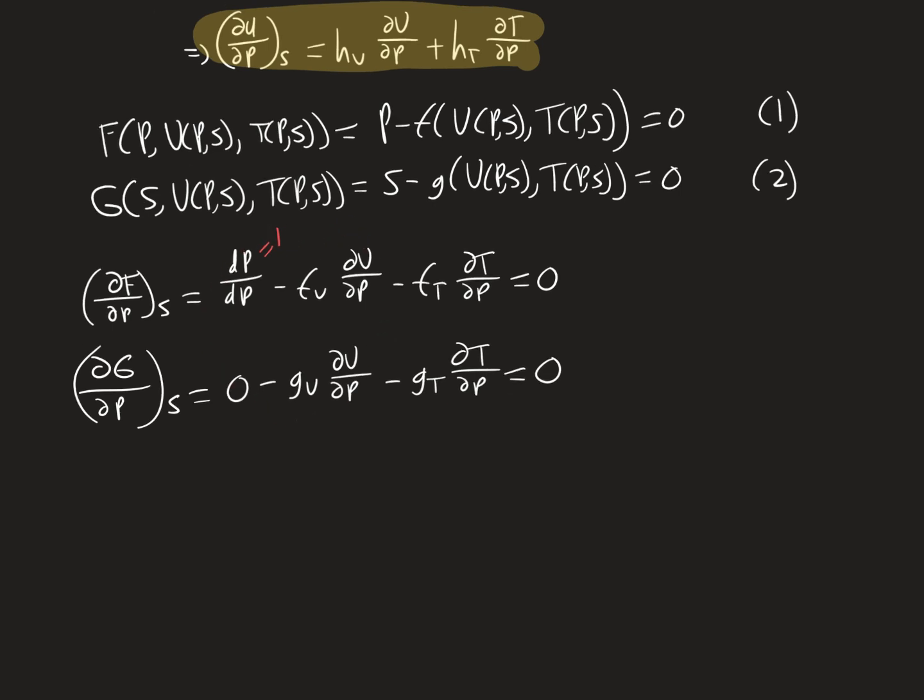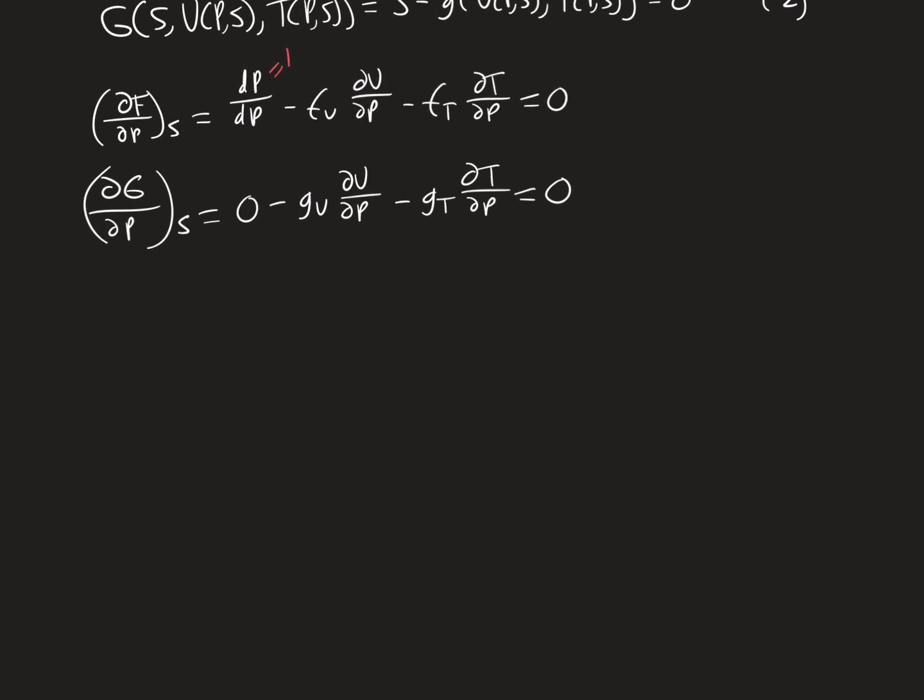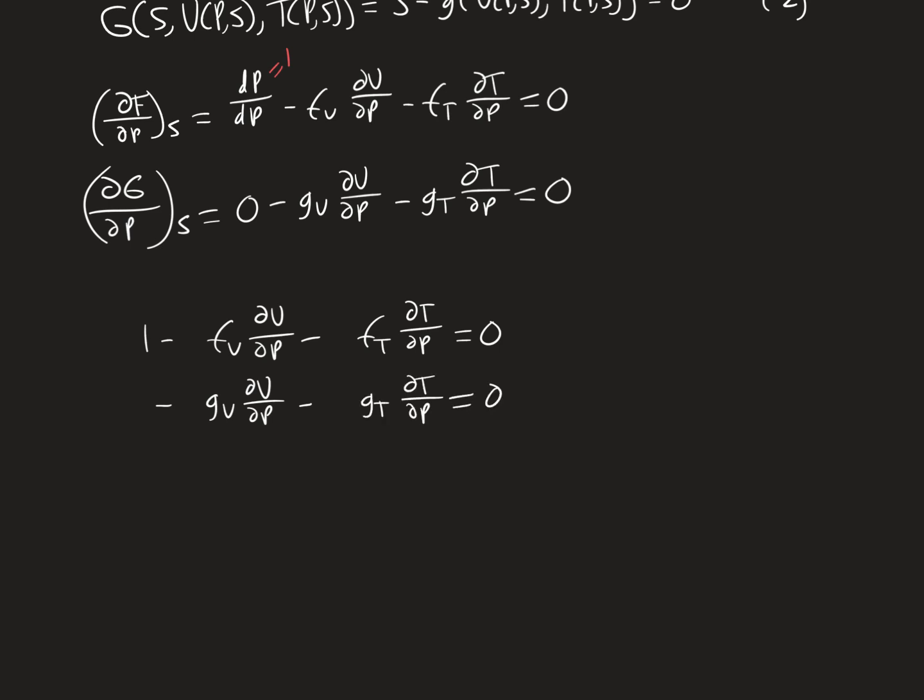And we will do some tricks to get rid of these terms over here. So let's first write out again what we have. So we know that 1 minus f_v ∂v/∂p minus f_t ∂t/∂p is equal to 0. And that minus g_v ∂v/∂p minus g_t ∂t/∂p is equal to 0.